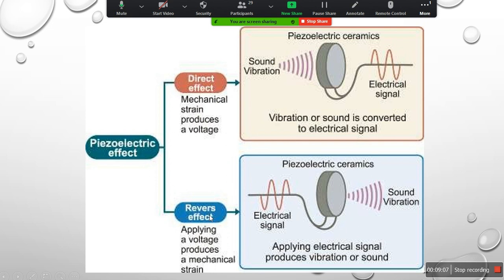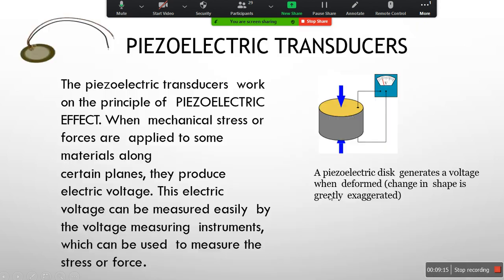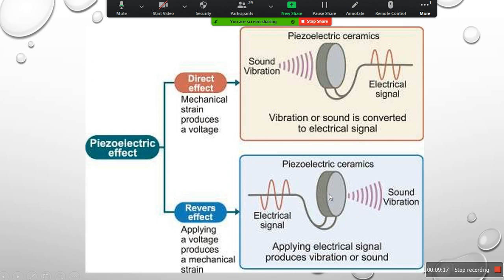And similarly, what does reverse effect mean? Whenever an electrical signal is applied on this piezoelectric crystal, it converts back into sound. That is nothing but the reverse effect. So applying a voltage produces a mechanical strain. Here, on the crystal we apply some sound vibration, say from a tuning fork, which you might have studied in your physics.